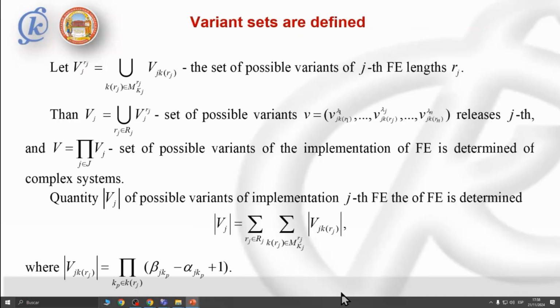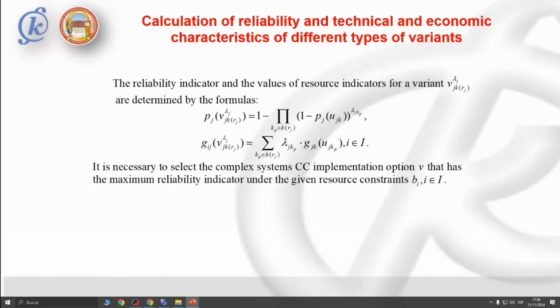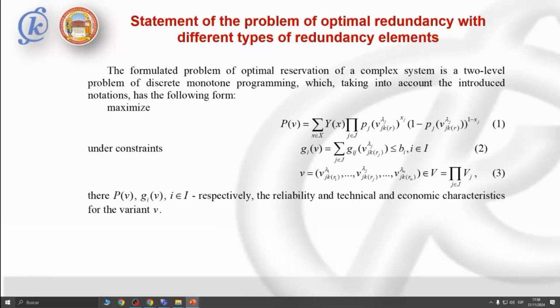There are a lot of possibilities because it's a discrete optimization problem, and we generate versions of probability and constraints for versions of this subsystem or module of this system, and this is a practical task.